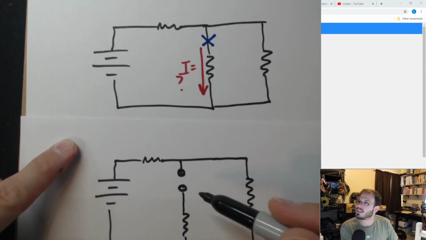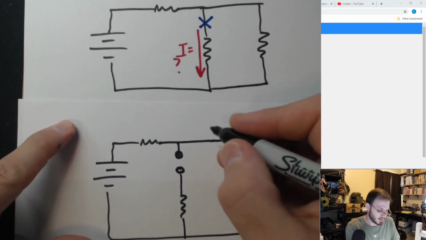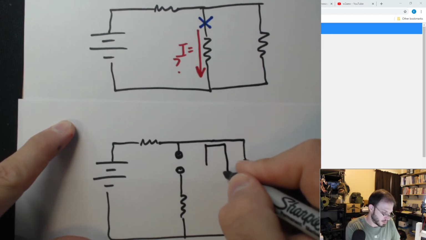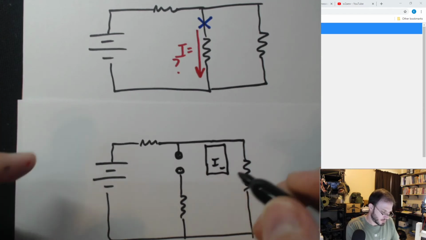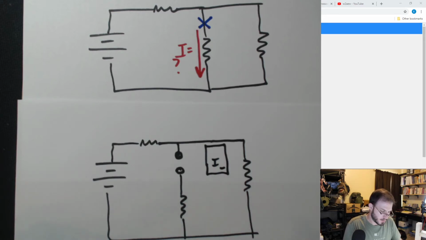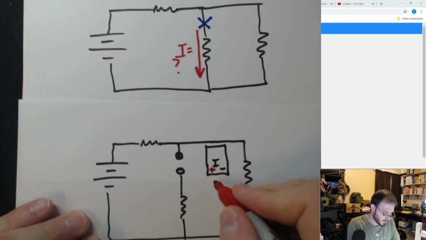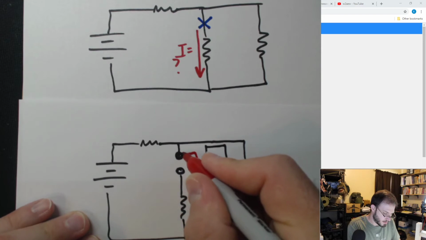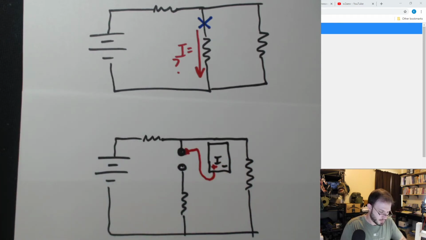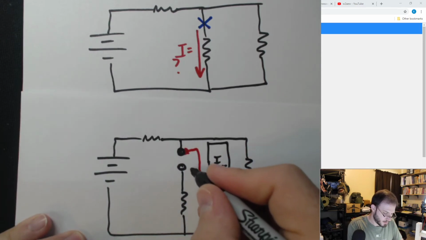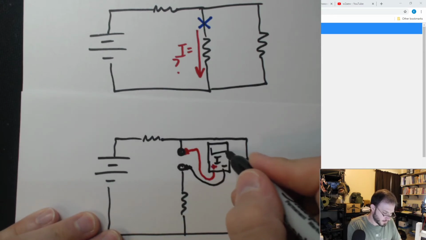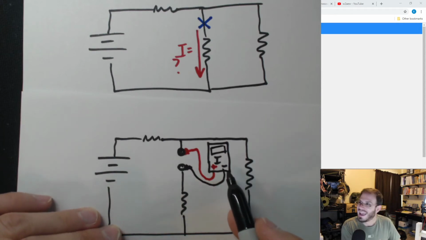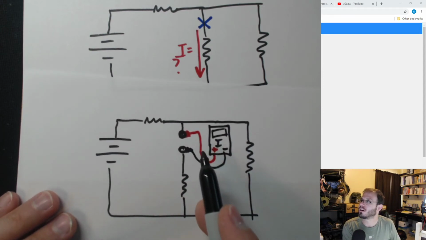Okay, so I just disconnected it. And then I put my multimeter in series.